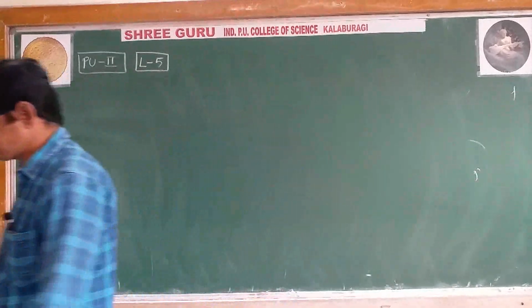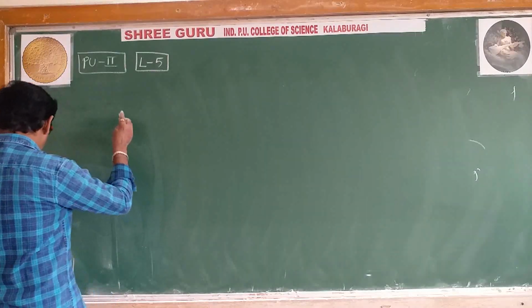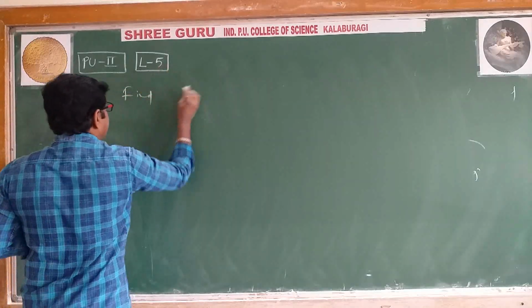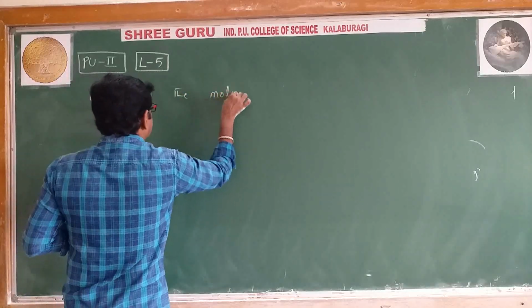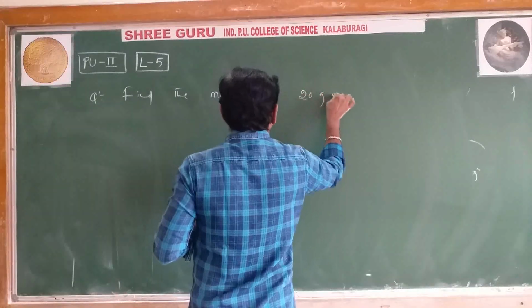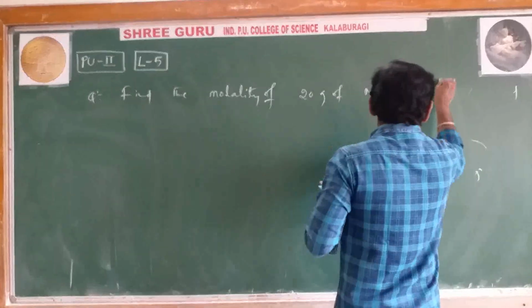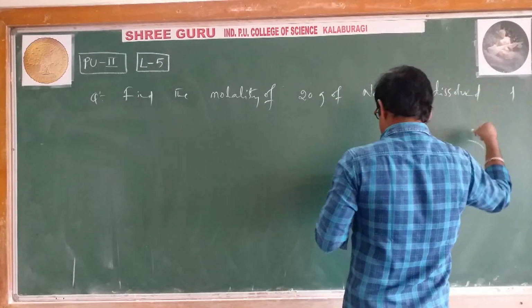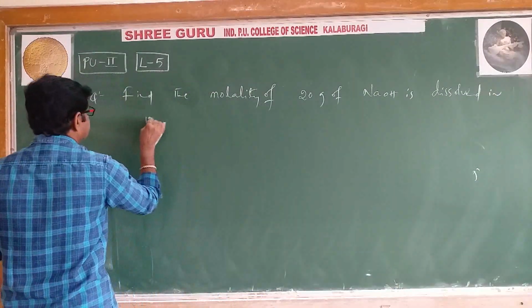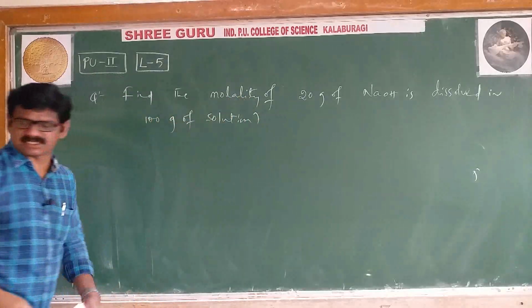Next question we'll see. Find the molality if 20 grams of NaOH is dissolved in 100 grams of solution. 100 grams of solution is the question.